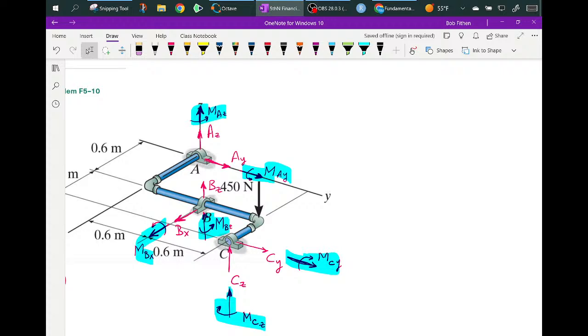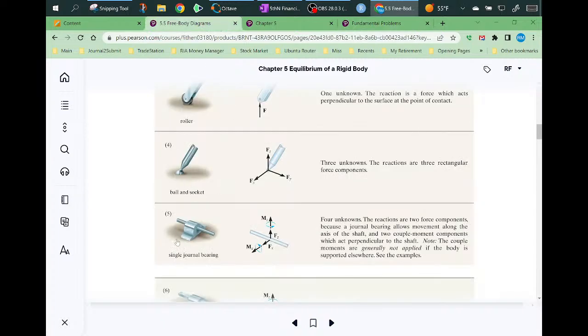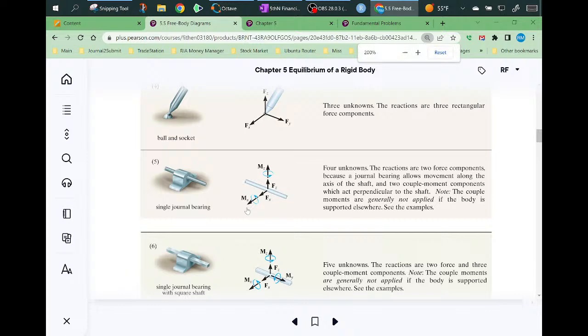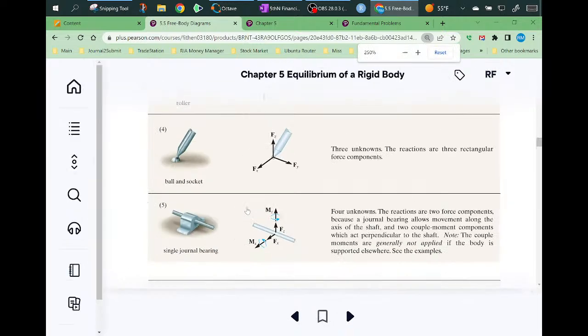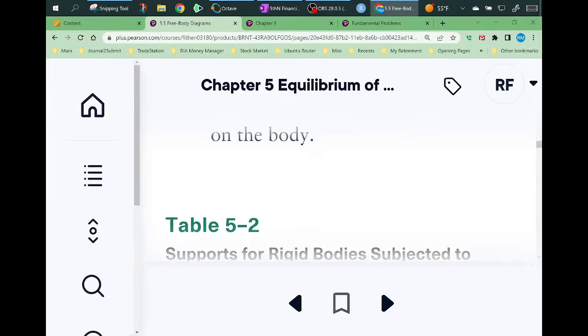He's already taken you across here. I'm trying to explain this so that you're not. This is what he says right there. He shows you in clear present view that in fact it can carry a moment.